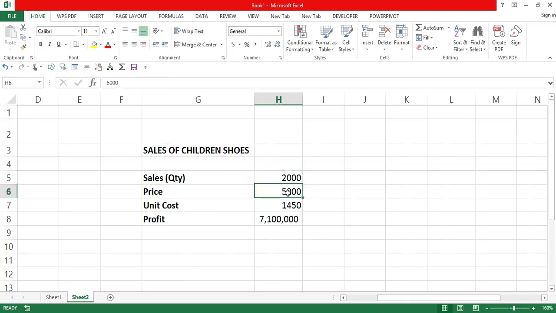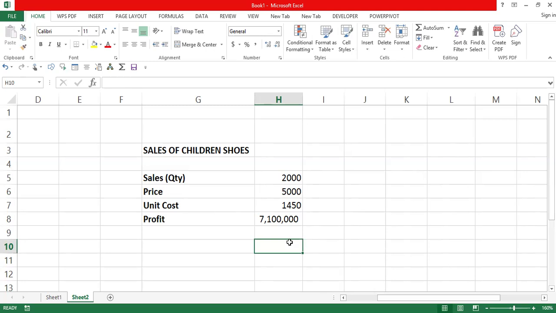This is the unit cost. How do we realize this? How do you think we realize the profits then? How can we realize the profits in this case?